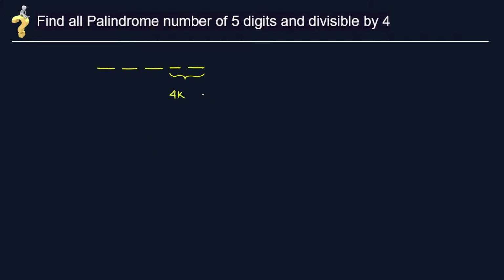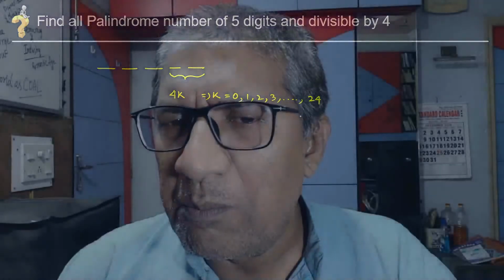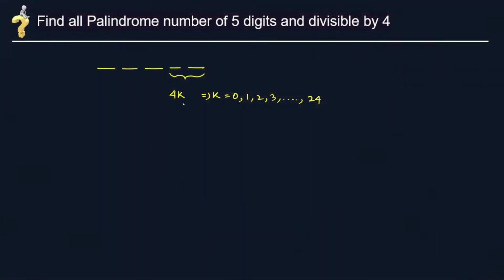So now your k can take the value, think about it, 0, 1, 2, 3 and this goes on till how much? Till 24. Because the maximum 2-digit number which is divisible by 4 is 96. So the maximum value that k can take is 24.